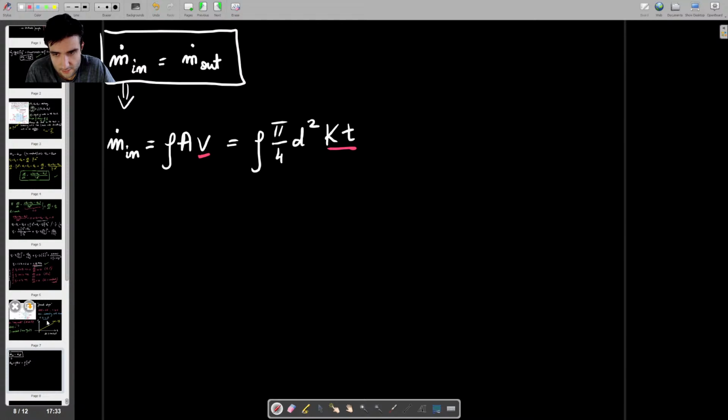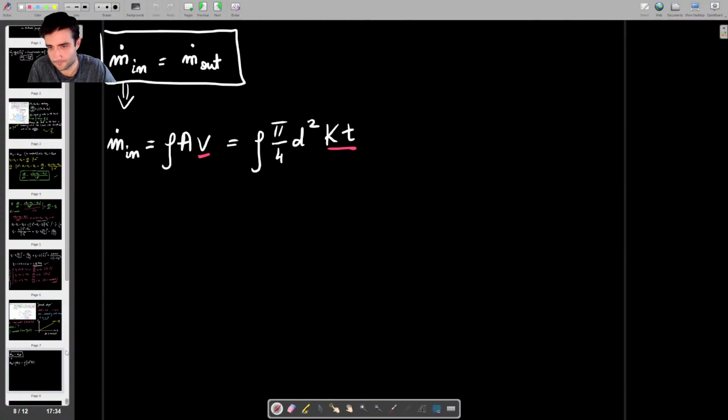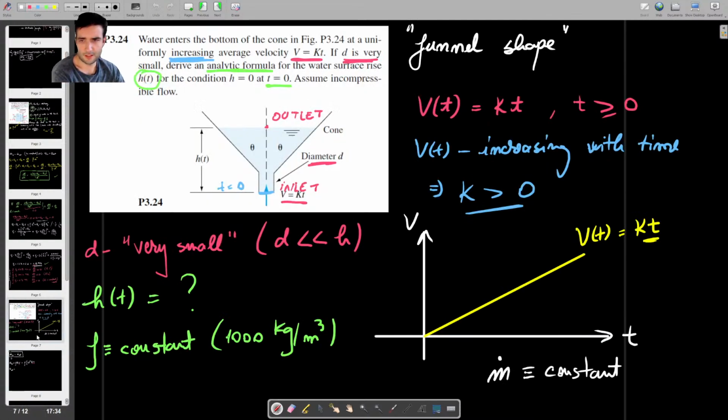Now the other thing I'll have to do is find an expression for the mass flow rate out, right? So I'm going to have m dot out equal to, so if you think about what's happening here, this free surface is going up, but as it's going up, the surface area is increasing as well.